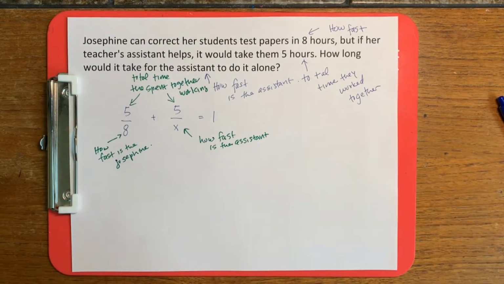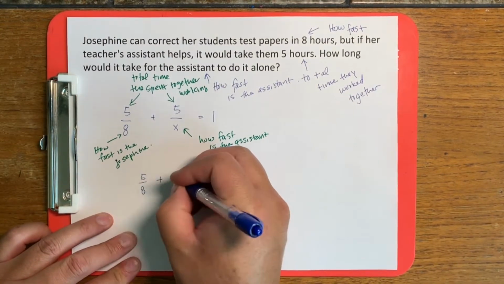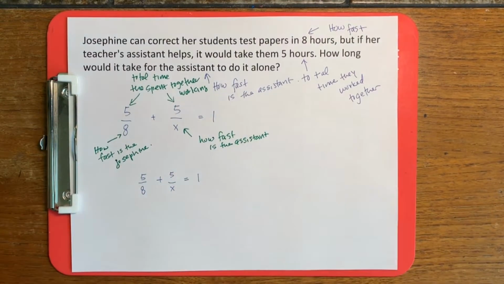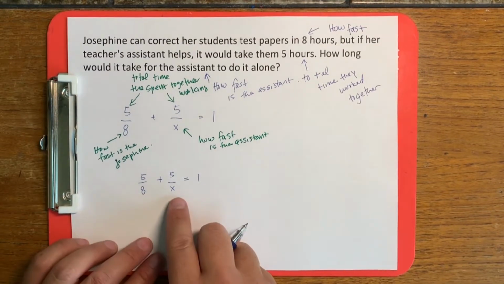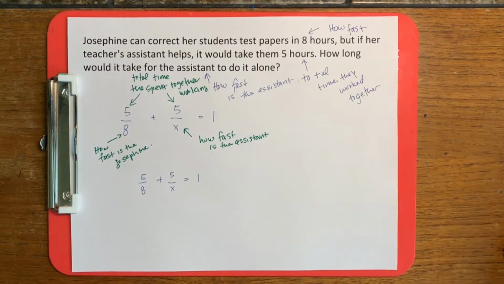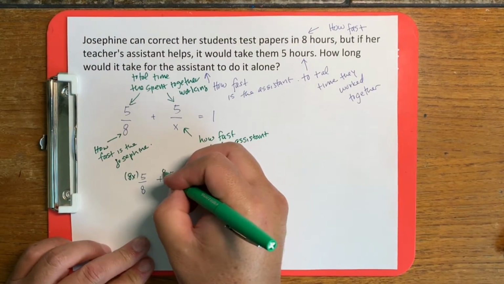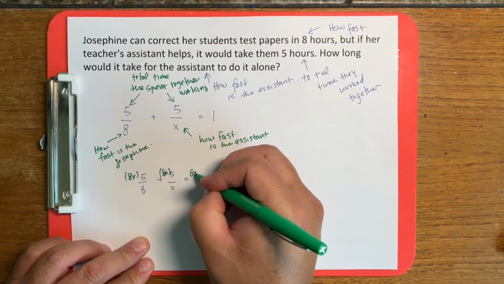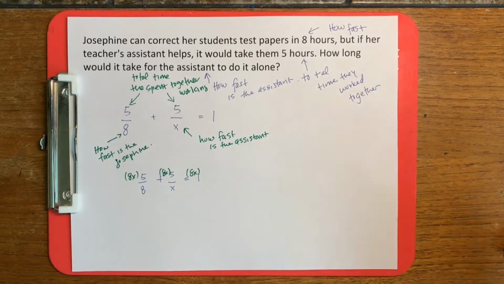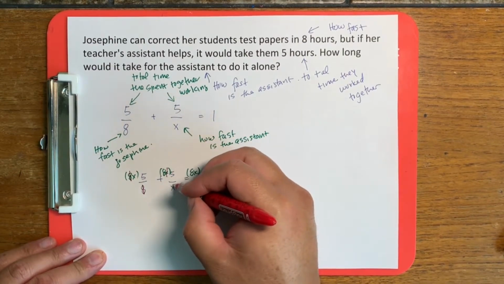Okay. Now let's solve this problem. We have 5 over 8 plus 5 over x is equal to 1. Now, I can get rid of the x in the denominator by multiplying by the lowest common denominator. In this case, the lowest common denominator is 8x. Okay, this needs an 8, that needs an x. Now, when we simplify, this 8 will cross out with that 8, and this x will cross out with that x.